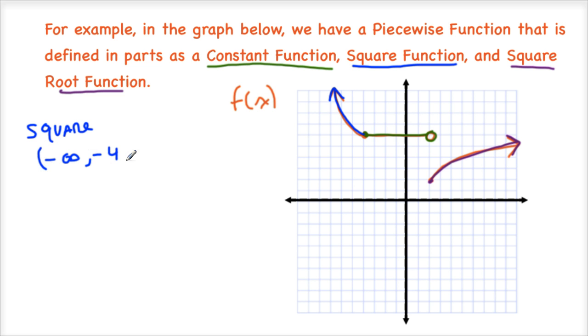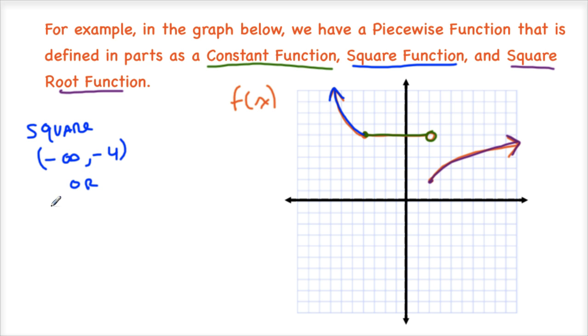I'm going to include this green dot with the constant function. So you'll see sometimes these are connected and overlapping, or sometimes there's a gap. But let's say that the square function, the blue one, the parabola, goes from negative infinity to -4. Okay? That would be interval notation.